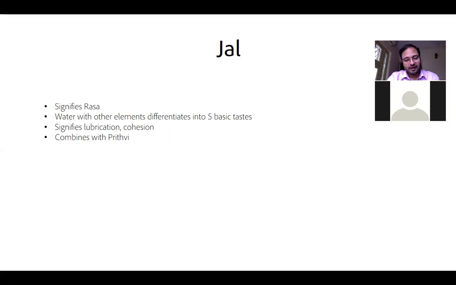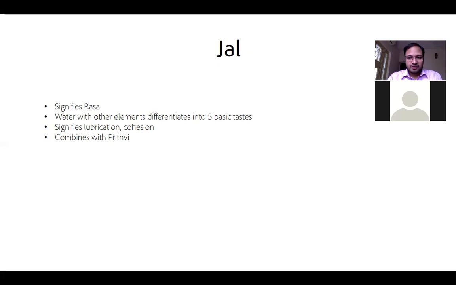And also, it is a very important element when it comes to lubrication and cohesion. Now, till fire, we have a thread running that signifies distinction, you know, space signifying distinction. Air does not add anything to cohesion, neither does fire. But here we have an element of cohesion which will also continue to earth or prithvi element, as we'll see later on.